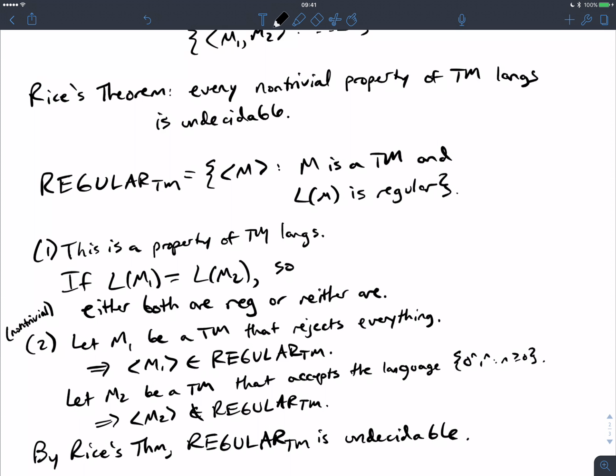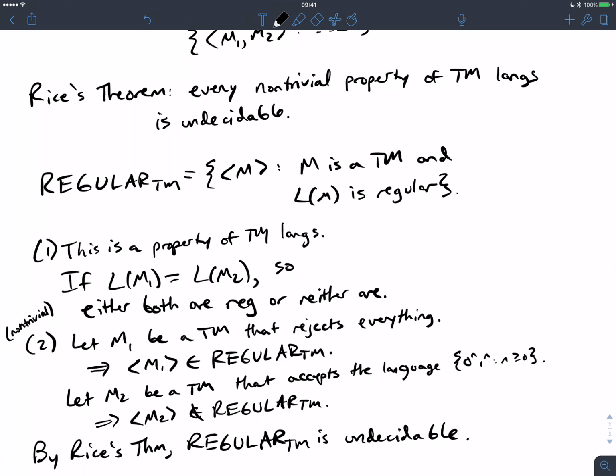And so it's just a reduction behind the scenes. The reason we pick one that's in regular TM and one that isn't is that we can actually differentiate between those two cases behind the scenes. But this is a lot easier than making an actual machine that's using a supposed decider.